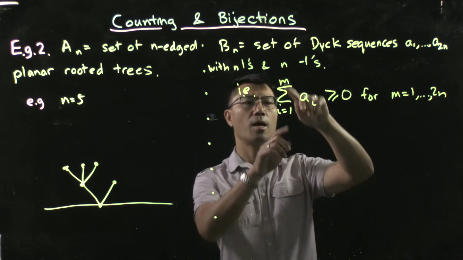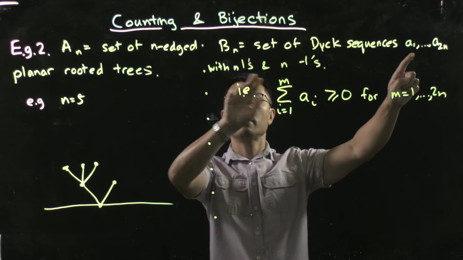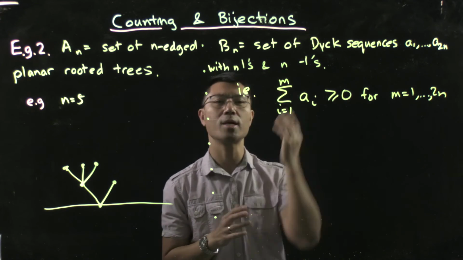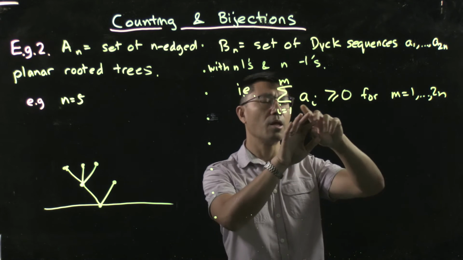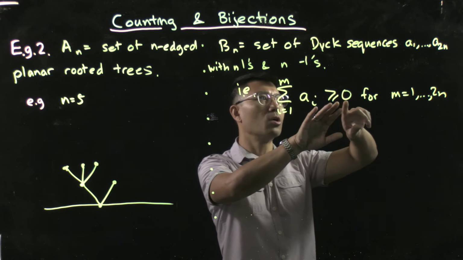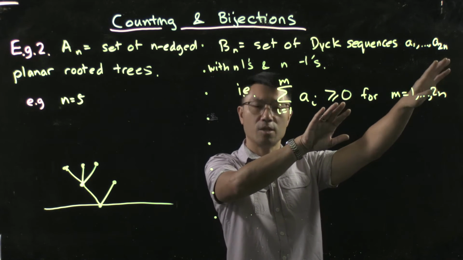In particular, when m equals 1, you just have a1. a1 had better be 1 as opposed to -1. So it always starts with 1. And of course, you better finish off with a -1 as well.